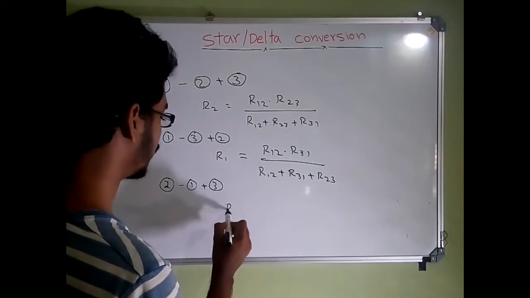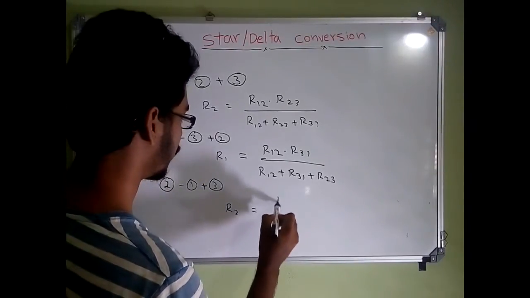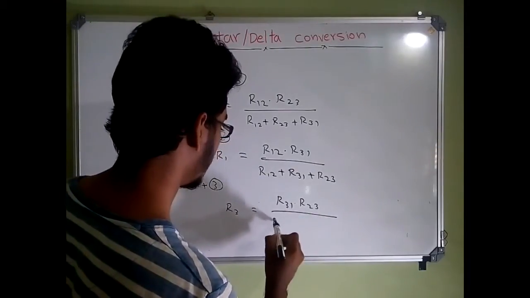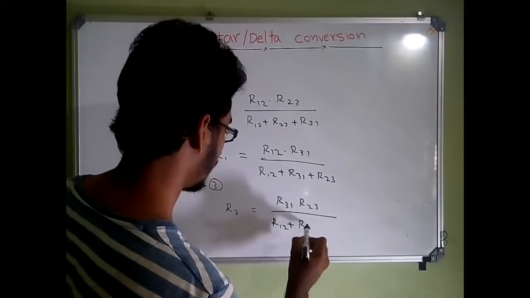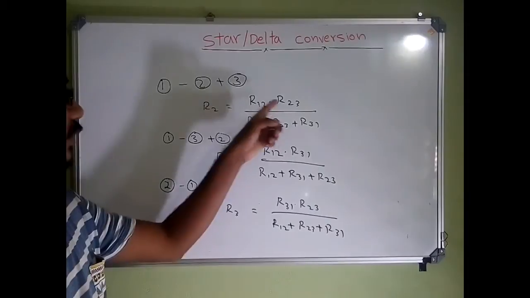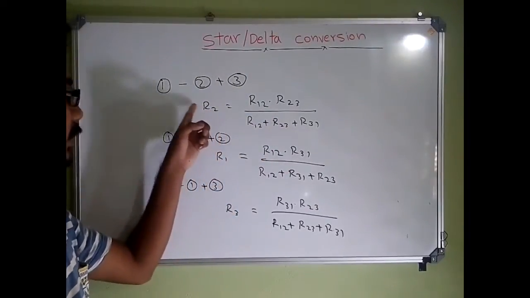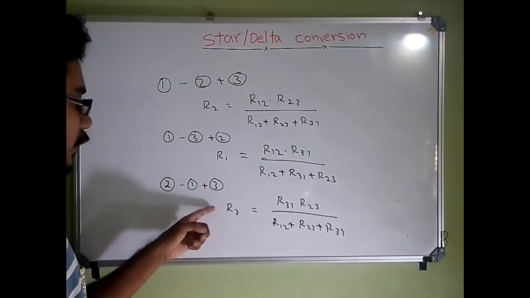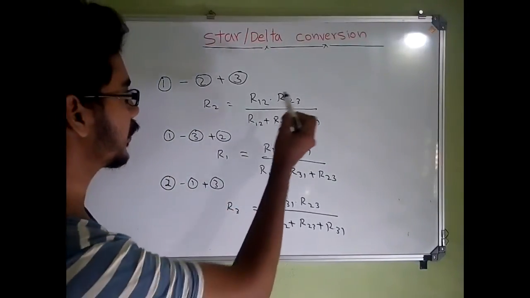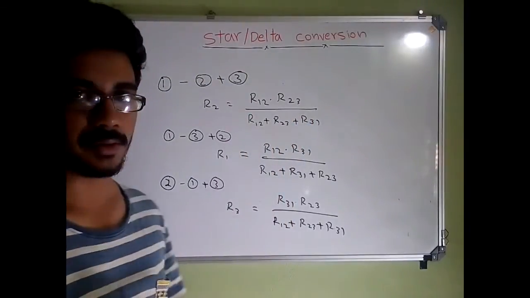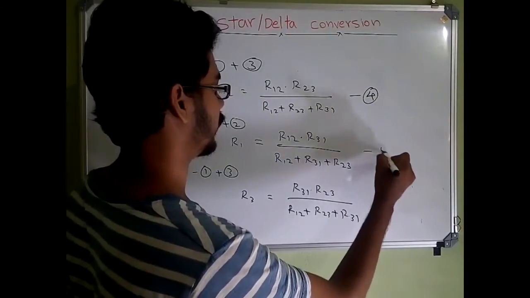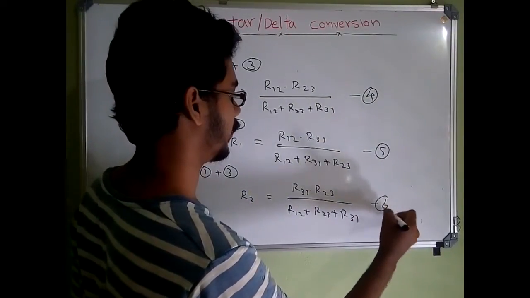By doing this we get R3 equal to R31 into R23 divided by R12 plus R23 plus R31. So here from these delta parameters we get star parameters as R1, R2 and R3 like this. From this equation we can convert from delta to star network. Let's call this equation 4, this as equation 5 and this as equation 6.